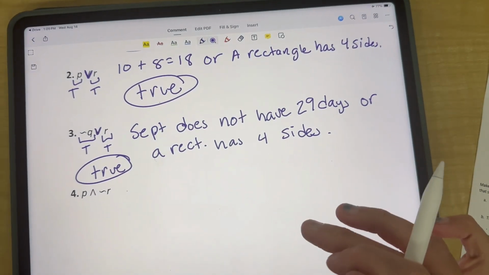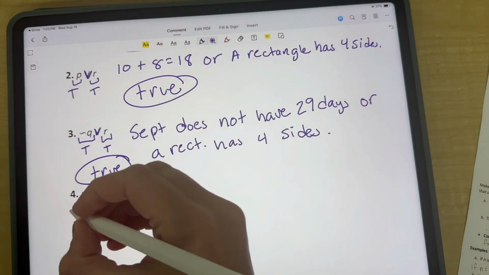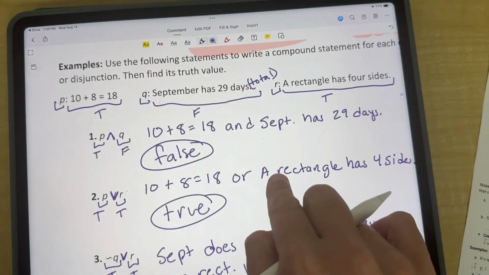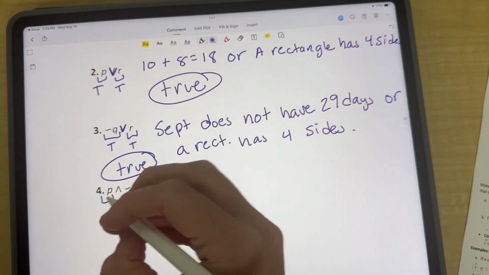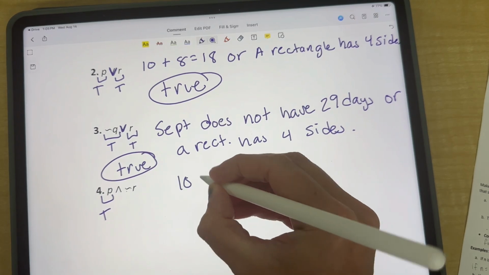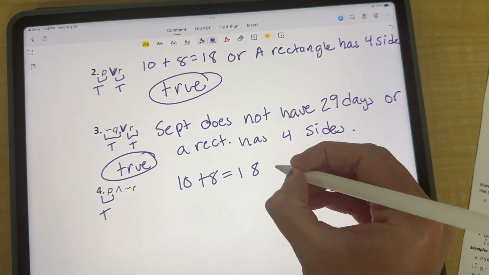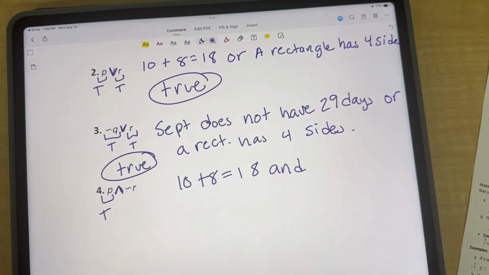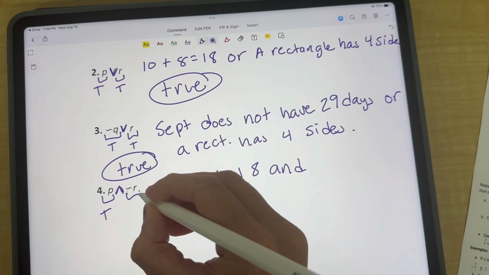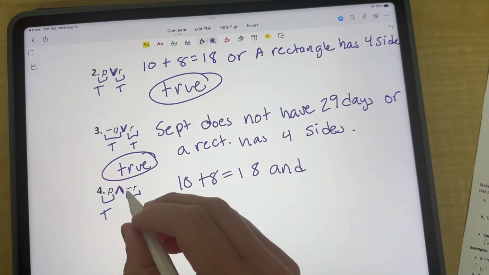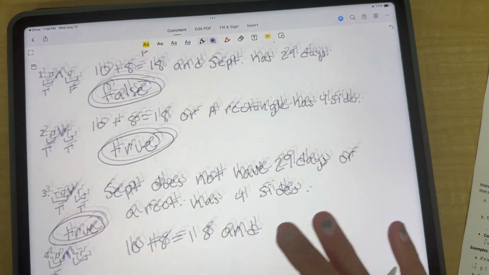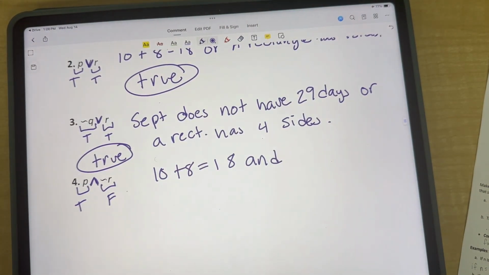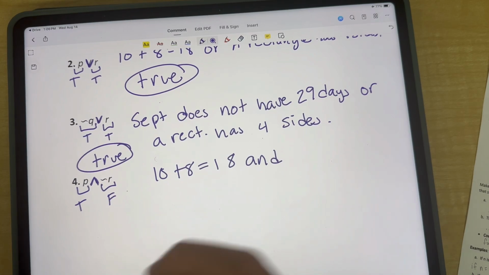All right, last but not least on this page, what was P? P was 10 plus 8 equals 18. That was true. This right here is an and. Now we have R, but it's not R, it's the negation of R. R was true, so the opposite of R would be false.